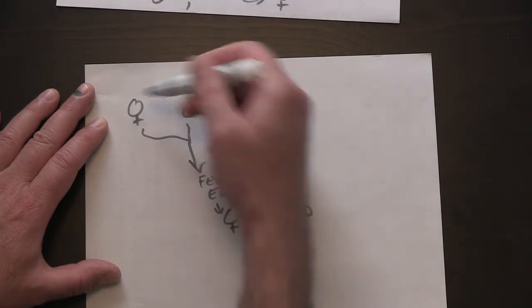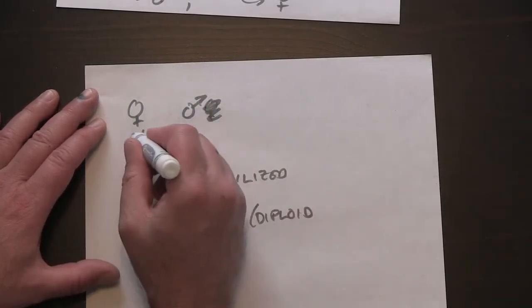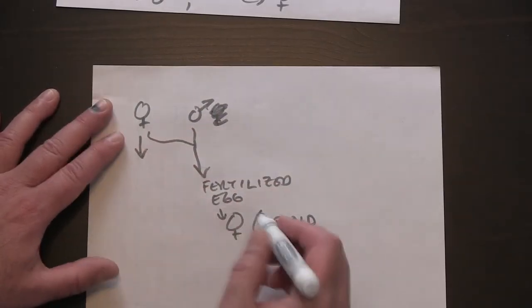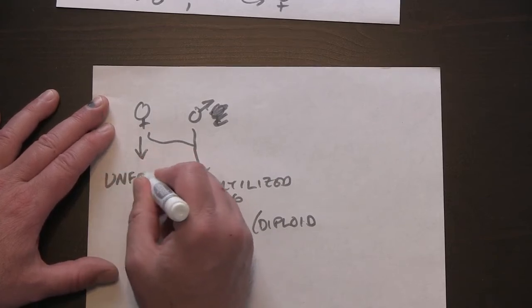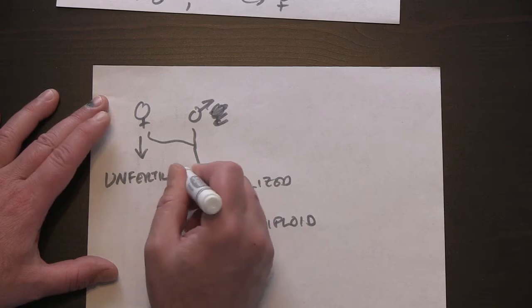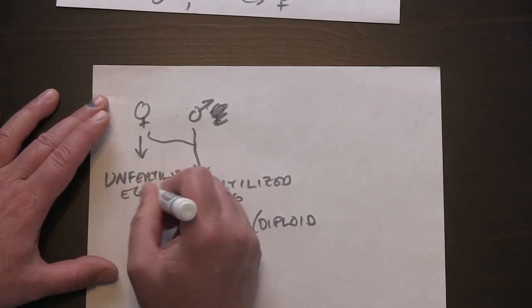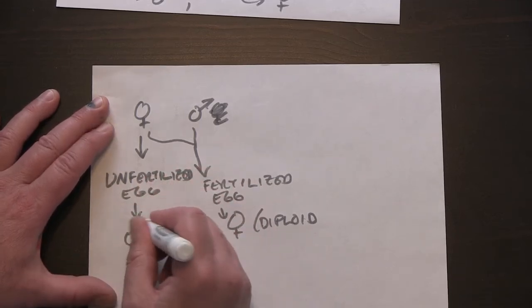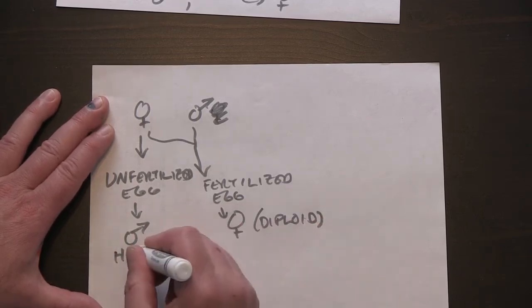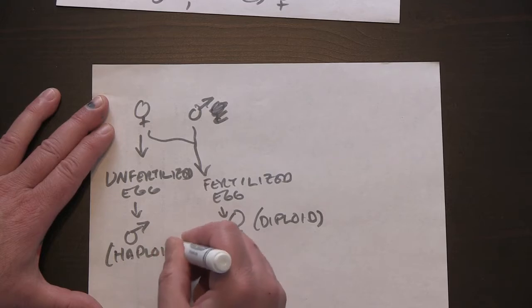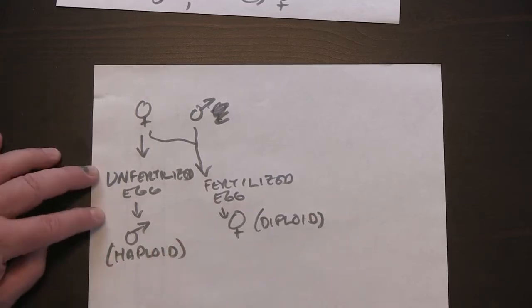It's getting a copy from dad, a copy from mom. If a female has an egg that is unfertilized, it will develop into a male that is haploid. So it's haploid and it doesn't have a father.